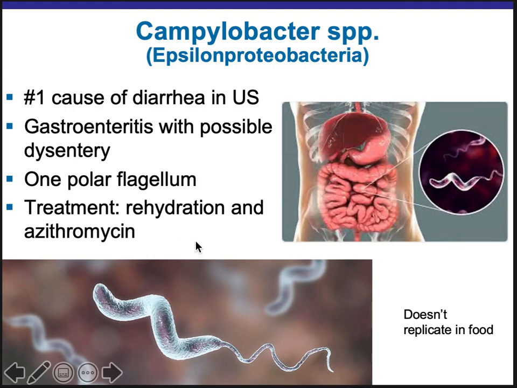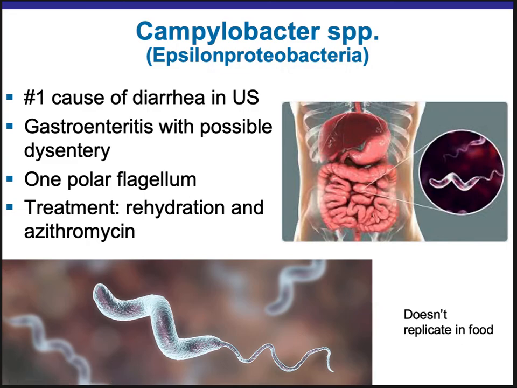Something to note is that because it's a microaerophilic substance, it prefers the environment of the gut. It actually doesn't replicate in the food. It's just like the pause button effect, right? So the food's contaminated. There's lots of it.